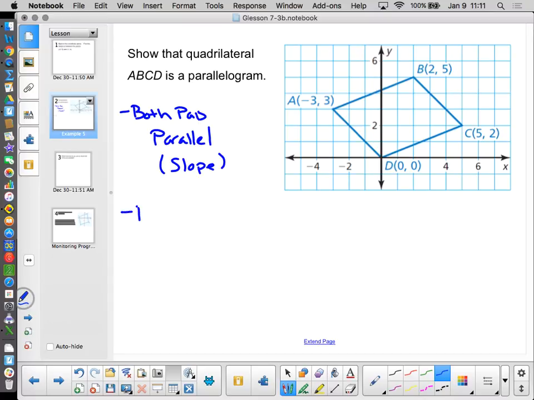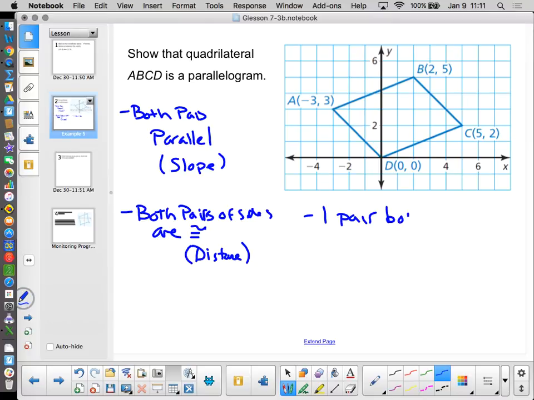We could choose to show that both pairs of opposite sides are congruent. To do that, we'd need the distance formula. We could show that one pair of sides is both parallel and congruent.